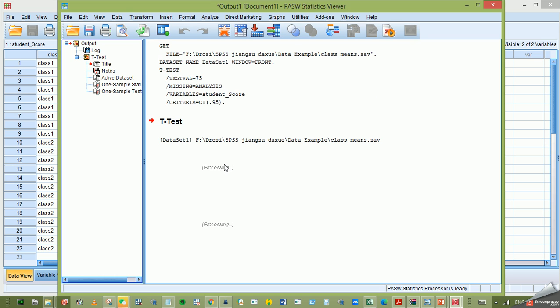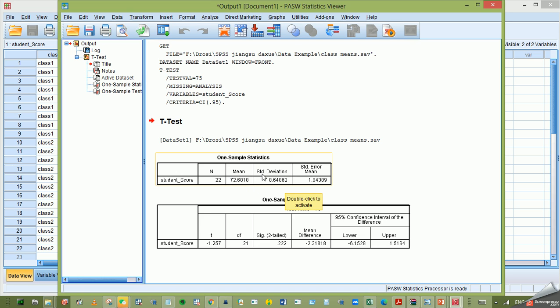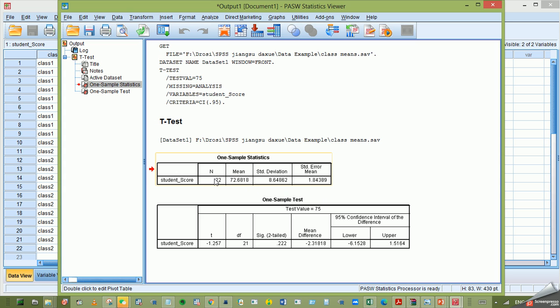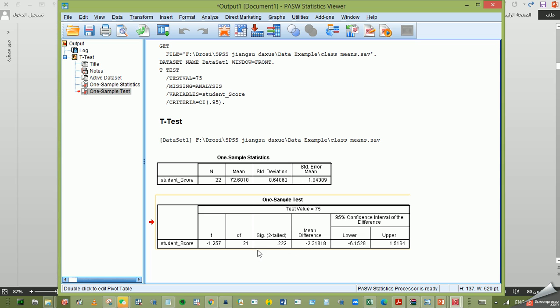Okay, these are the results. One sample statistics: the whole sample that we had. It's one sample, not two. Here the t value, the actual t value, is minus 1.2. The degrees of freedom is n minus 1, 22 minus 1.